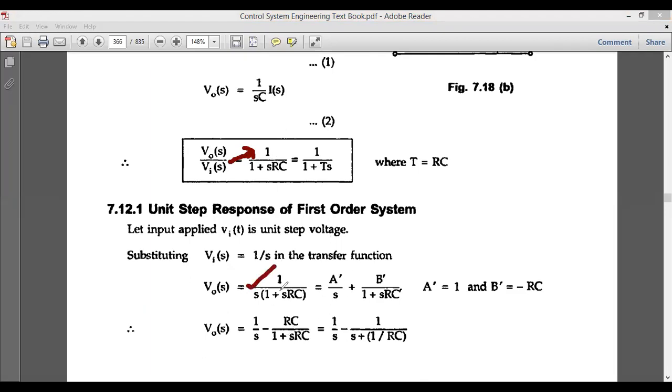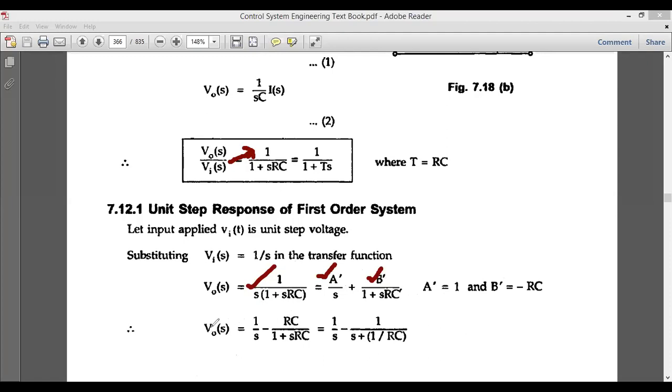Then you can apply partial fractions, or take two separate blocks of this equation: one is A dash divided by S, and another is B dash divided by 1 plus S multiplied by RC, where A dash is equal to 1 and B dash is equal to minus RC once you solve the partial fractions.